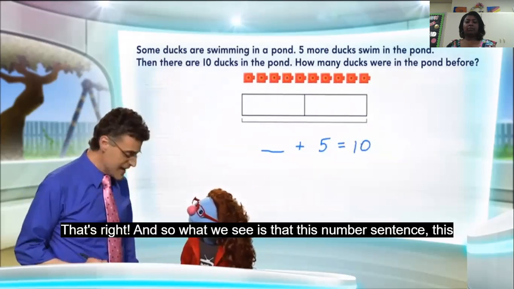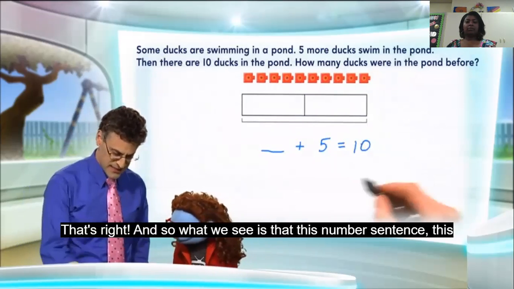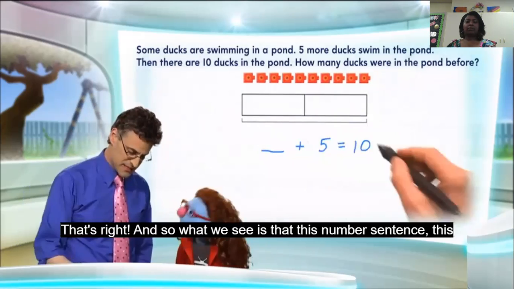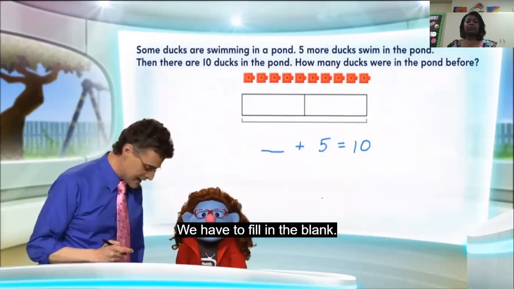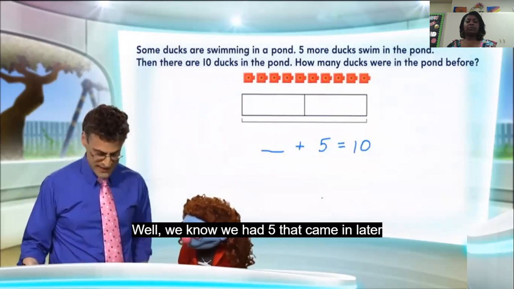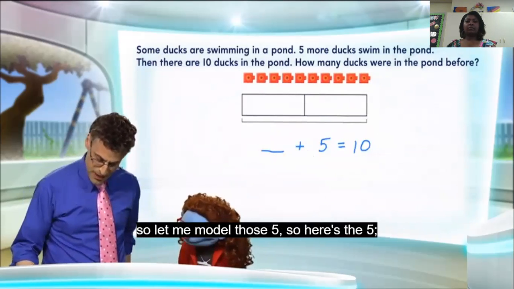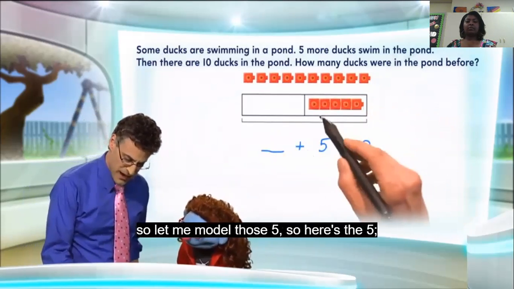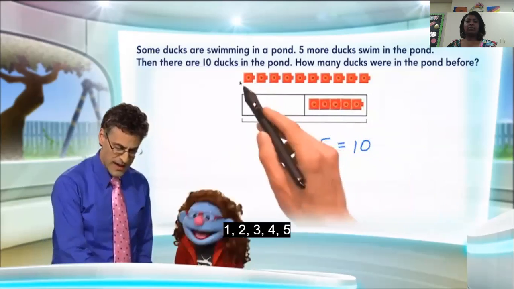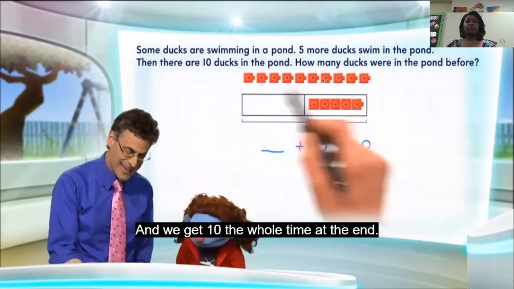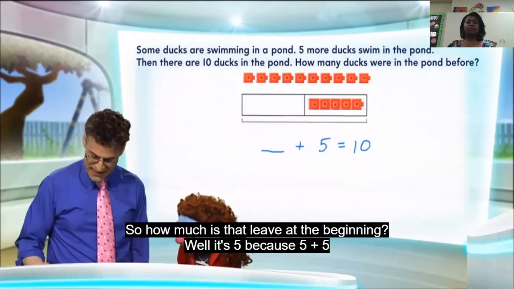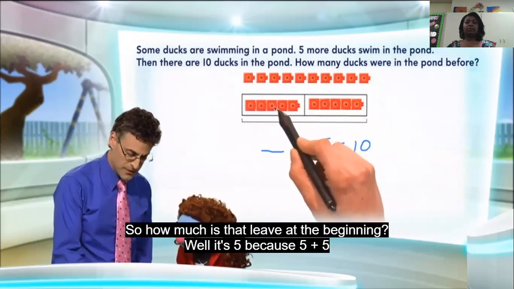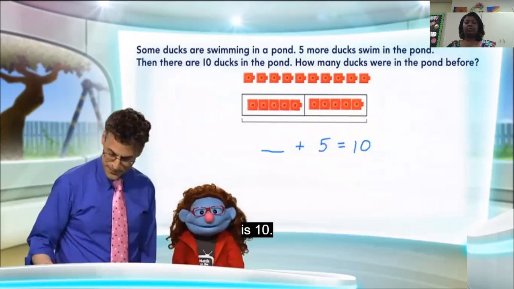That's right. And so what we see is that this number sentence, this addition sentence, actually describes what's going on. We have to fill in the blank. Well, we know we had 5 that came in later, so let me model those 5. So here's the 5, 1, 2, 3, 4, 5, and we had 10 the whole time at the end. So how much does that leave at the beginning? Well, it's 5 because 5 plus 5 is 10.